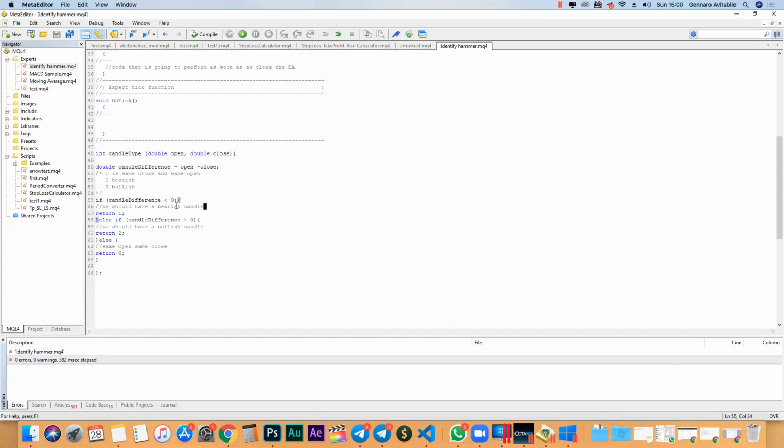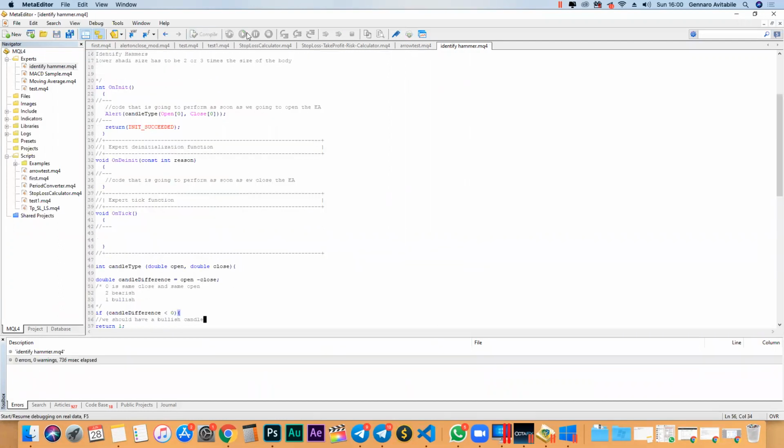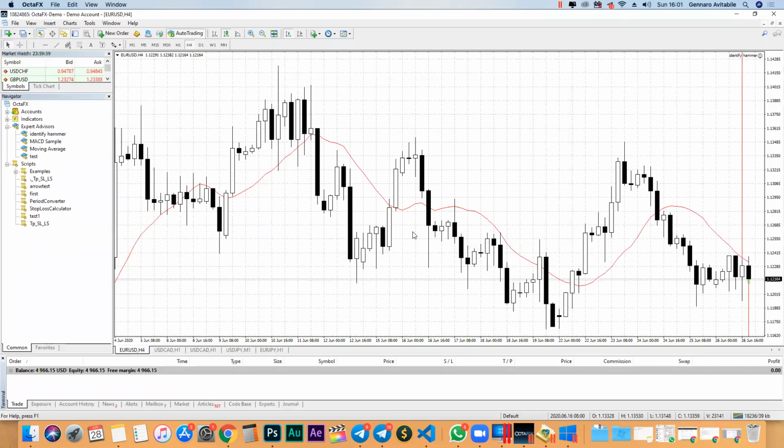So bullish candle here, and this is a bearish candle. This is going to be C, and it's going to be 1. Now it should work. All right, it's 2.